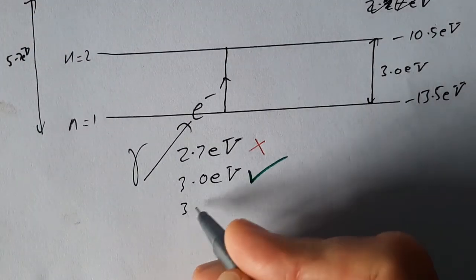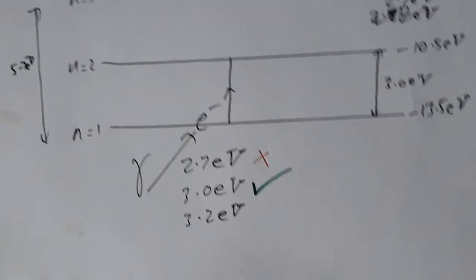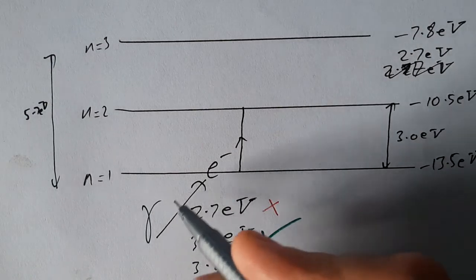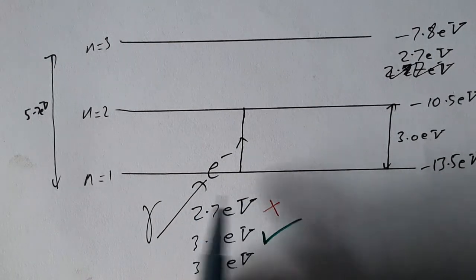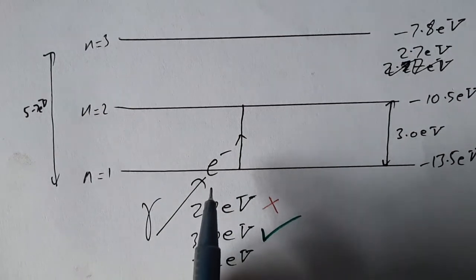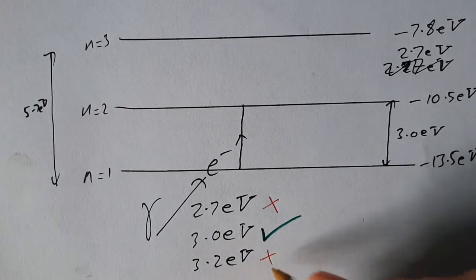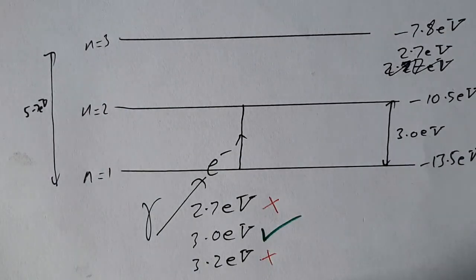What about if you've got 3.2 electron volts? Will we get an absorption? Well, we've got enough energy now, but the problem is the photon's got to give all of its energy. It can't go off with a spare 0.2. It simply disappears. So no, that's not possible. Had it been an electron, it would have been, because the electron could have carried off the spare 0.2.